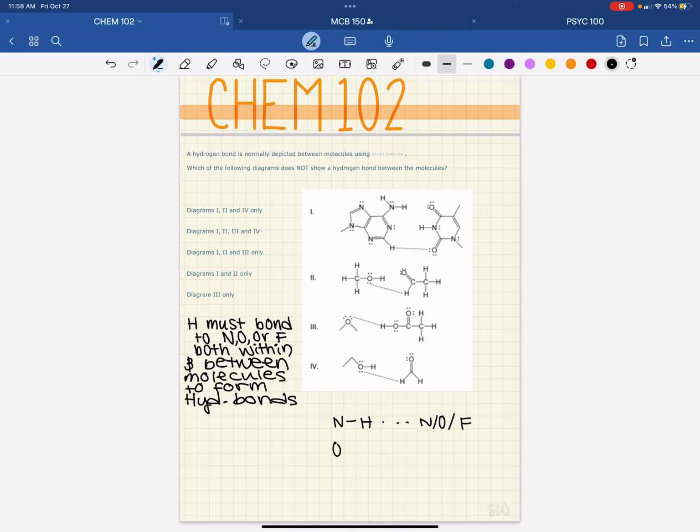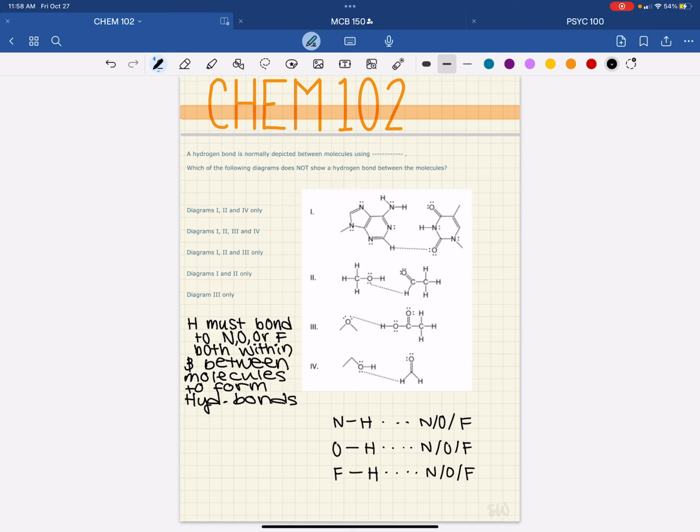An oxygen connected to a hydrogen forms a hydrogen bond with nitrogen, oxygen, or fluorine, or a fluorine connected to a hydrogen bonding to a nitrogen, oxygen, or fluorine.